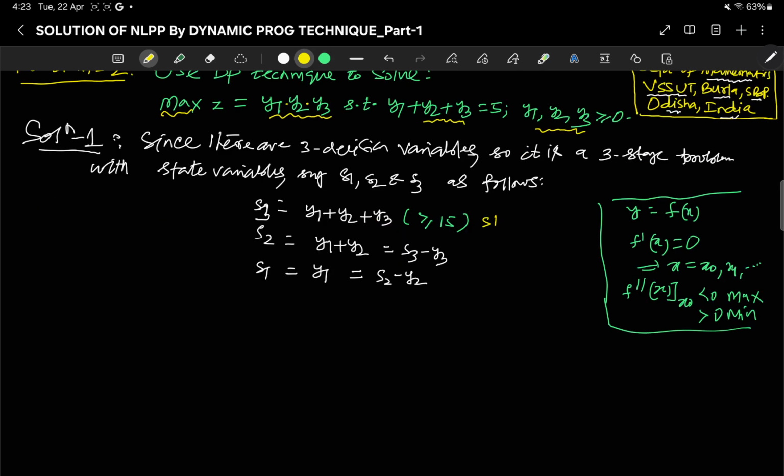Let this be my stage 3, this is my stage 2, and this is my stage 1.